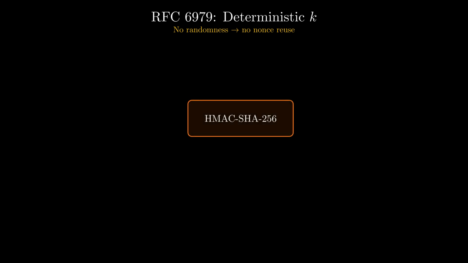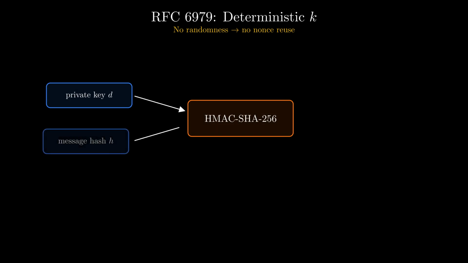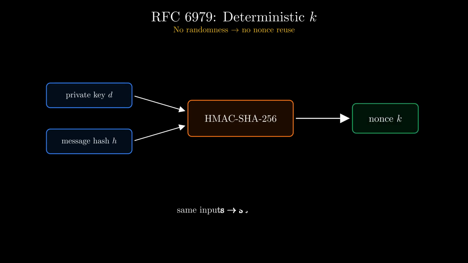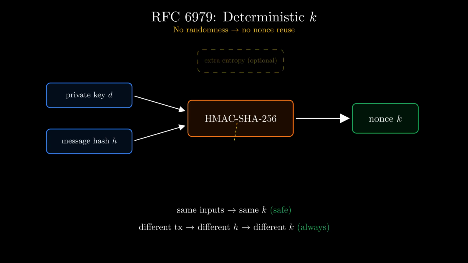RFC 6979 derives K deterministically by feeding your private key and the message hash into HMAC-SHA256. Same inputs, same K. Different transactions automatically produce different K values because the message hash differs. Optional extra entropy can still be mixed in for side channel resistance, but it's no longer load-bearing.